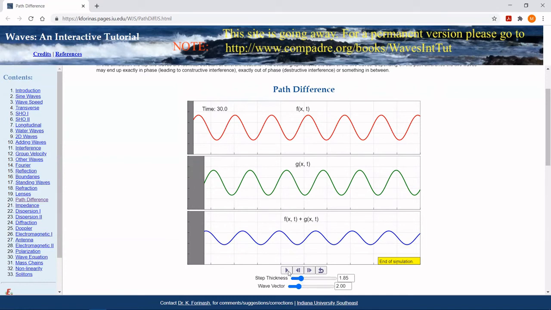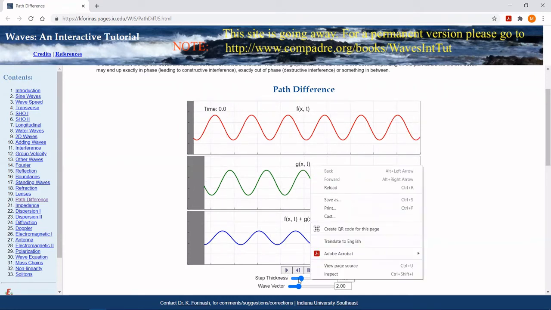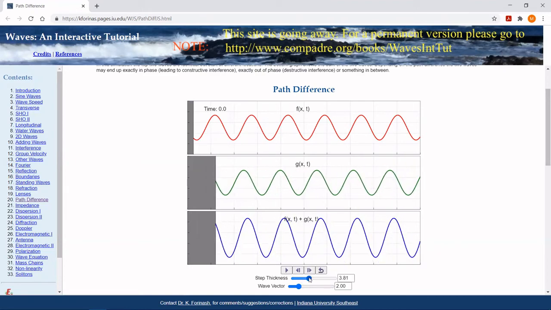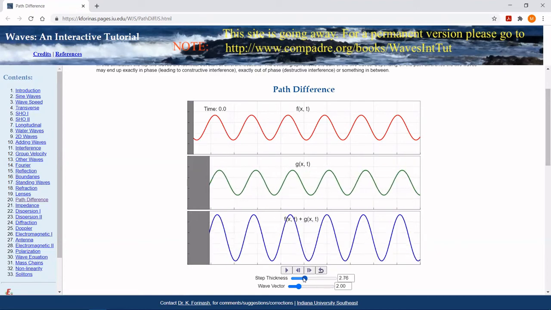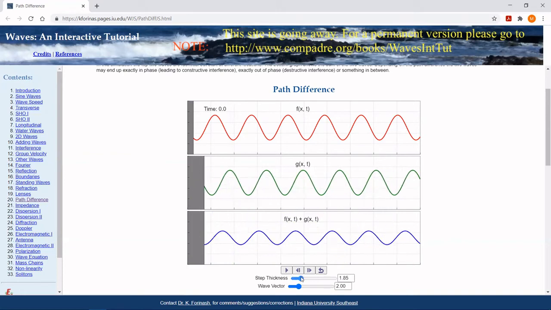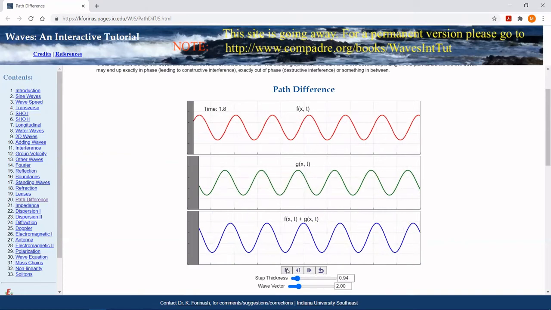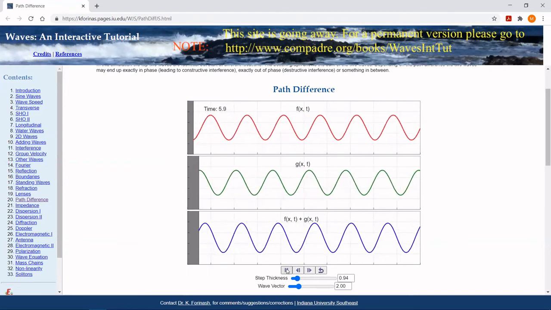And as I move what they're calling step thickness, that just really means I'm changing where the green wave starts. You can see that I can make the amplitude of the total wave be anywhere between double the amplitude of the individual waves or 0. It could be any of those. So here's an intermediate case. It stays like that in time.